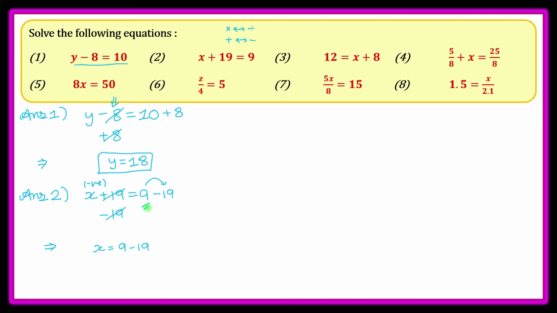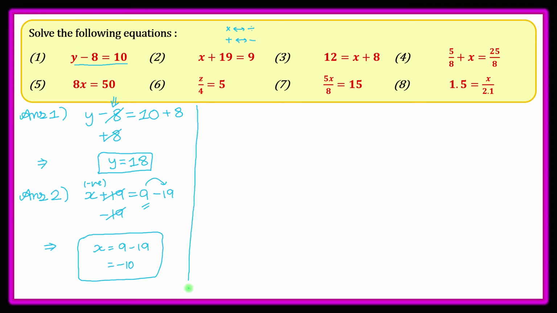Here 9 is the number which was there before, so we don't have to put 19 at the first place. 9 will remain in that place only. Otherwise the answer will be wrong. So like this we get 9 minus 19, which gives me the answer minus 10. And as I told you, x is a negative number, so minus 10 is the correct answer.